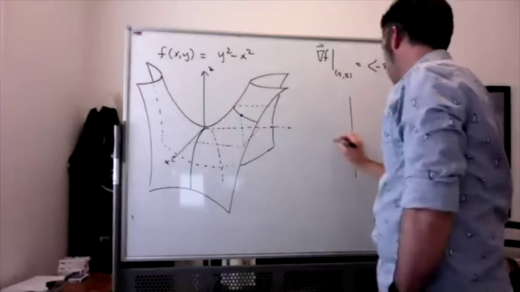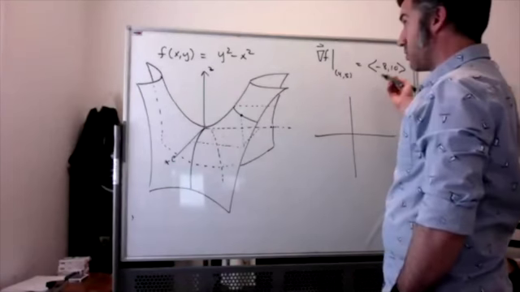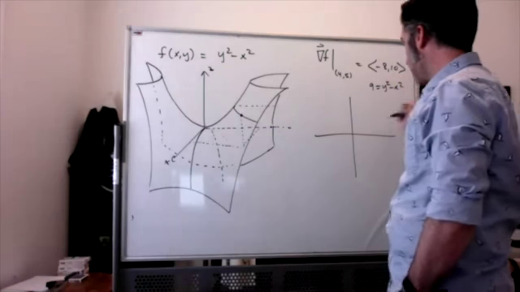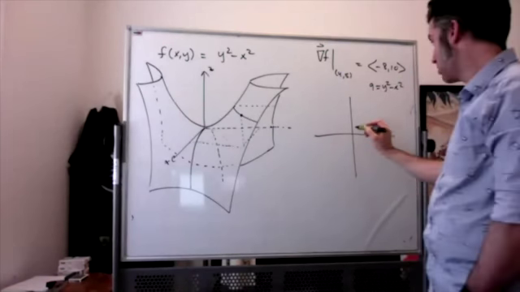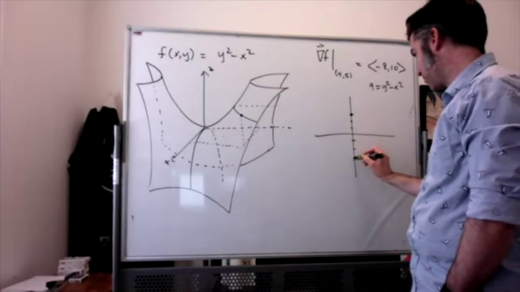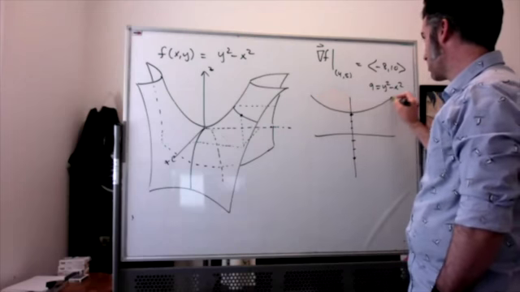So if I want to draw z equal to 9, so 9 equal to y squared minus x squared, it's a hyperbola with y-intercepts 3 and negative 3. Comes like this.